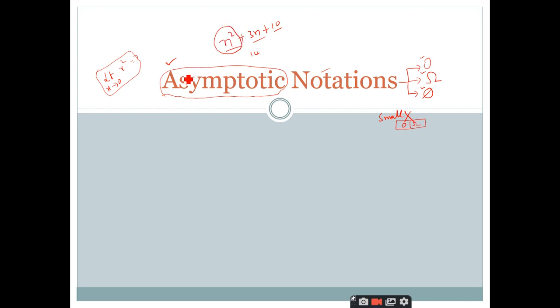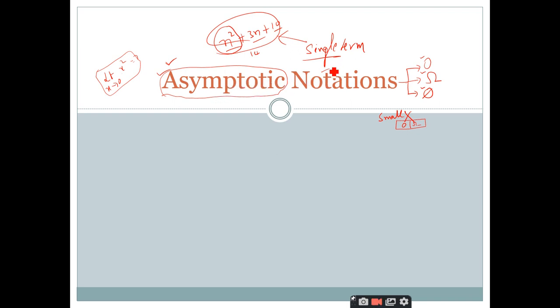Those attempts in mathematics are called asymptotics. Here also, in measuring the efficiency of the algorithm, you are converting mathematical expressions into a single term. That is the main use of asymptotics. Instead of expressing it in multiple terms, you convert these multiple terms into a single term. That is the reason why we make use of these asymptotic notations, right?